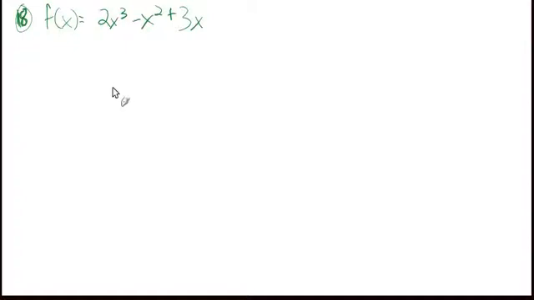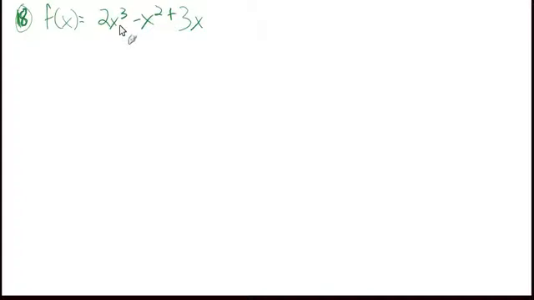Okay, so we should know how to find the derivative of this and of this and of this, and we should remember that the sum and the difference rules tell me that basically anything separated by a subtraction or an addition, I can take the derivative of this and subtract the derivative of this and add the derivative of this. So let's look at this one first. Let's break it down into its most basic rules.